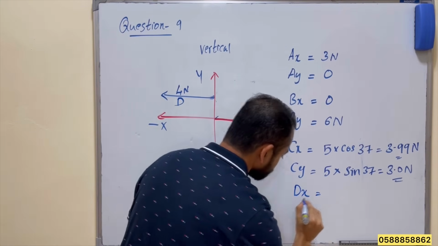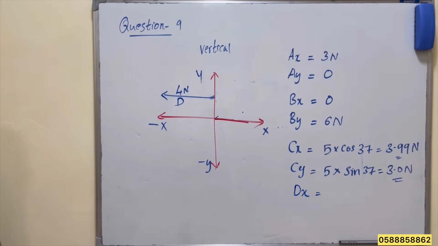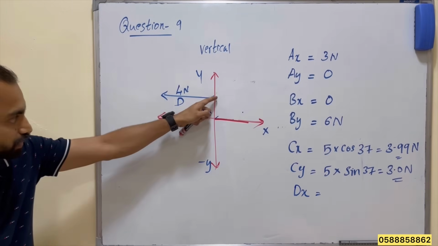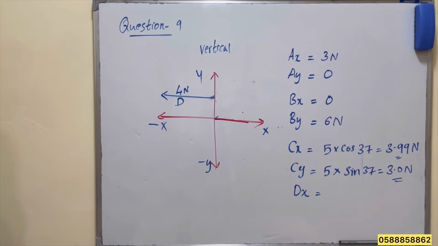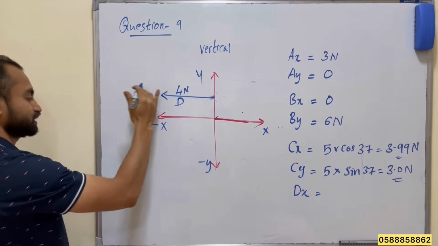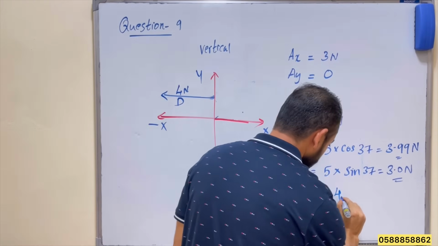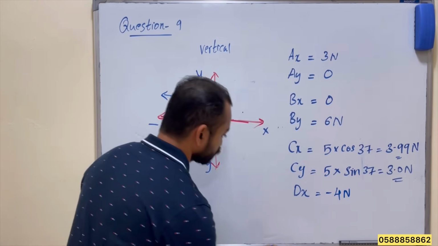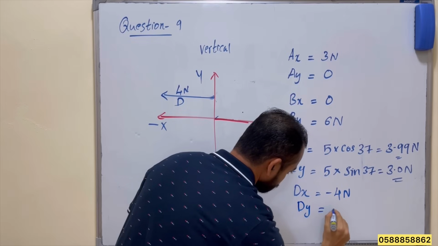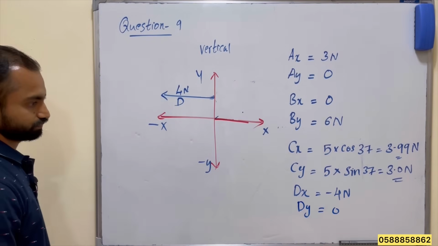Dx is equal to, it is completely along the x direction, right? But along the negative x direction, so Dx is equal to negative 4 Newton. What is Dy? Dy is equal to 0.